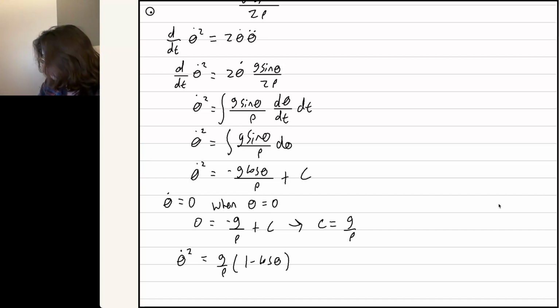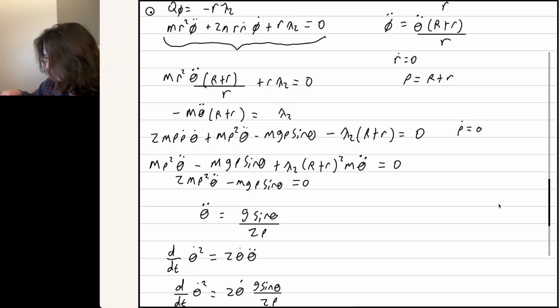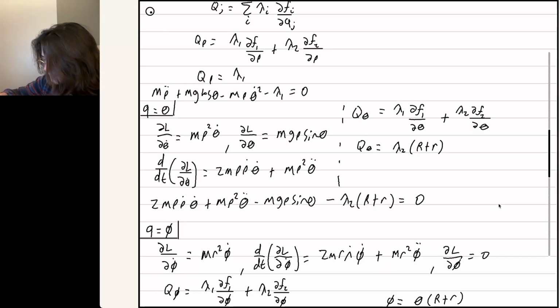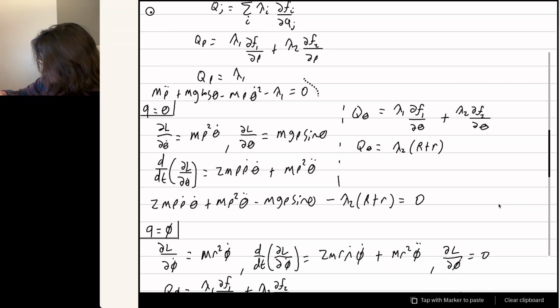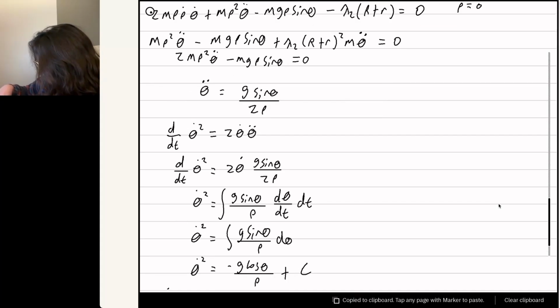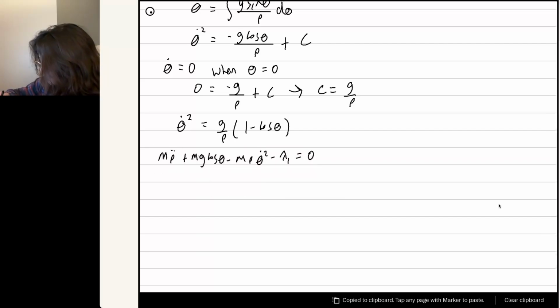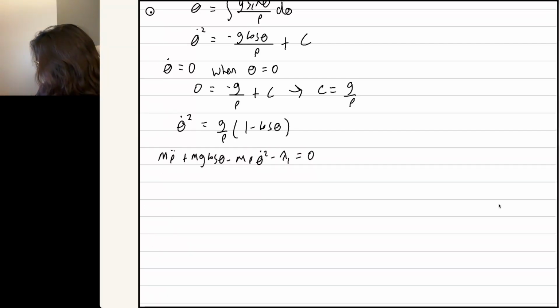Fantastic. We had a theta dot squared term in our first equation of motion, which we will finally get back to. Now we're really far away from it. It's this guy here. Cool.